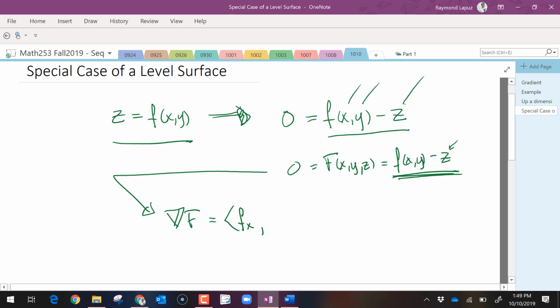And if I take the derivative with respect to y, again, there's no y's anywhere else except for this function, f sub y. Now, if I take the derivative with respect to z, the f of x y has no z's in it. What's the derivative of f of x y with respect to z if it has no z's in it? 0, right? What do we have left? What's the derivative of this?